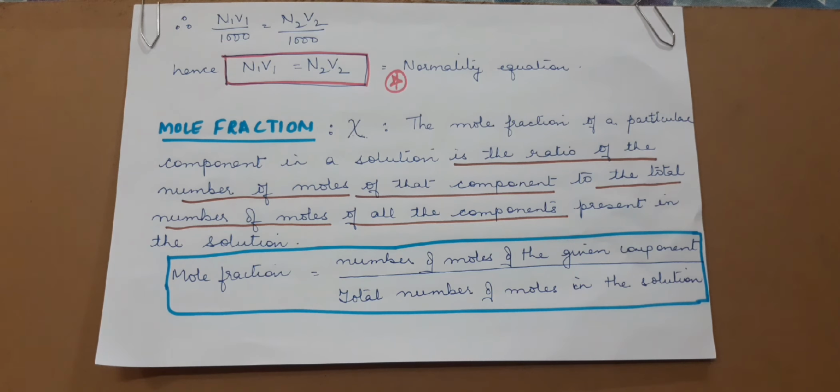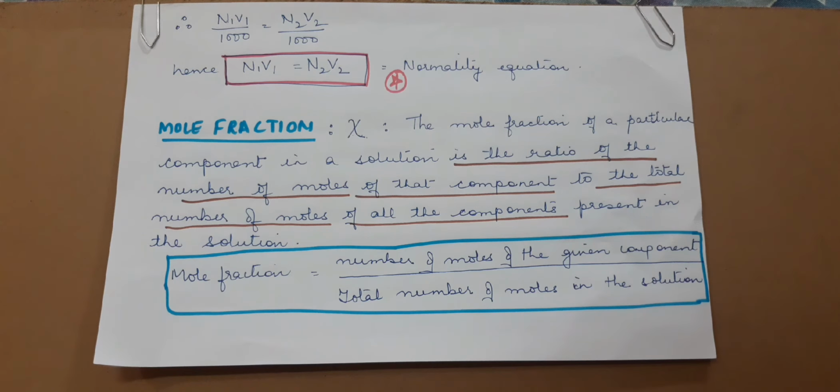So that's how we relate in terms of molarity, normality, and formality or molality. So different units to express the concentration terms. And the last unit that we're going to study in terms of concentration is fraction, the mole fraction.